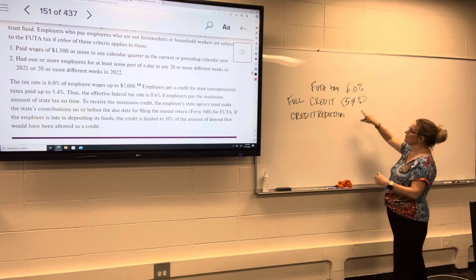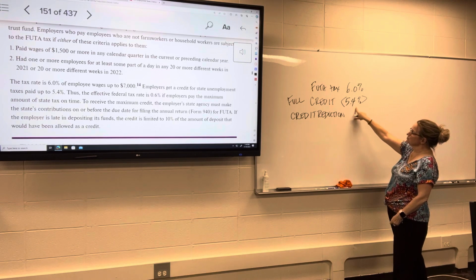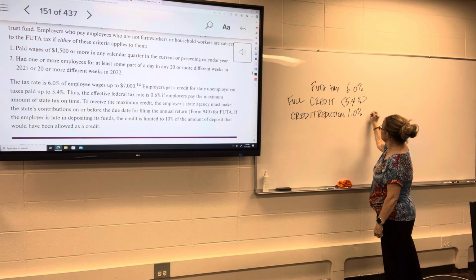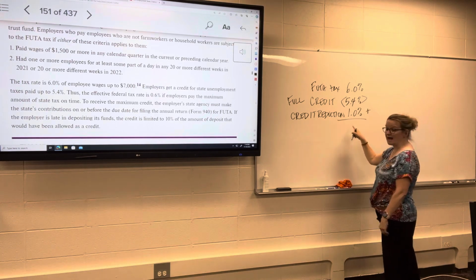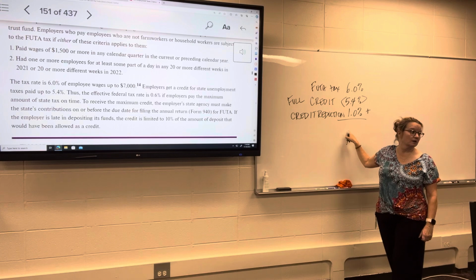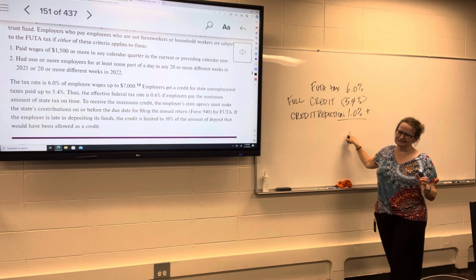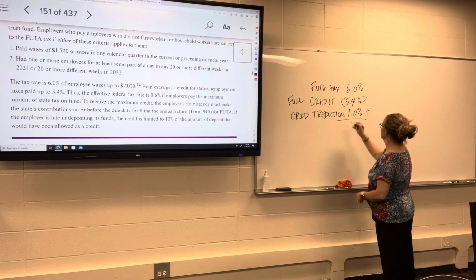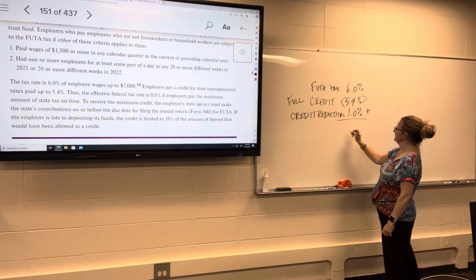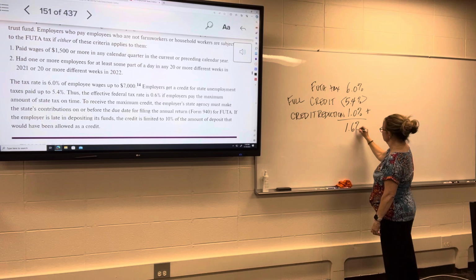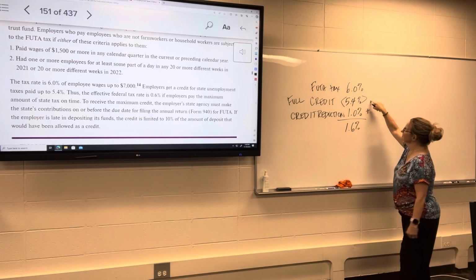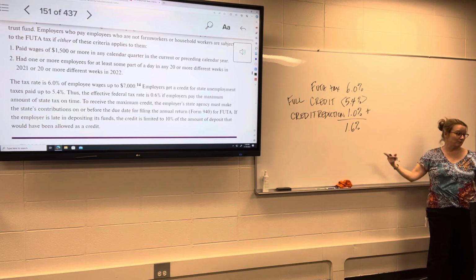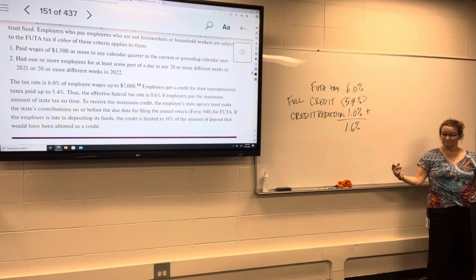So if our credit is reduced by 1%, we would actually be adding that to calculate what our rate is. It's a little backwards. It's confusing when you think about it. So instead of it being 0.6%, it would be 1.6%. So our credit has been reduced by that 1%. This means we're going to pay more tax, right?